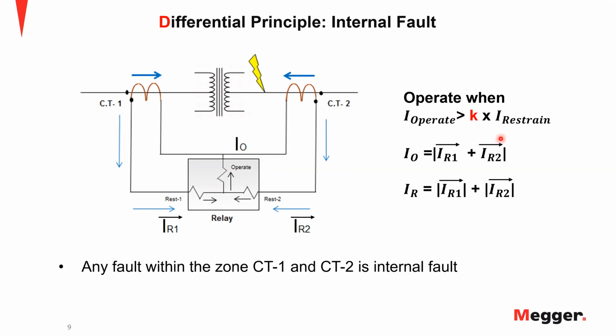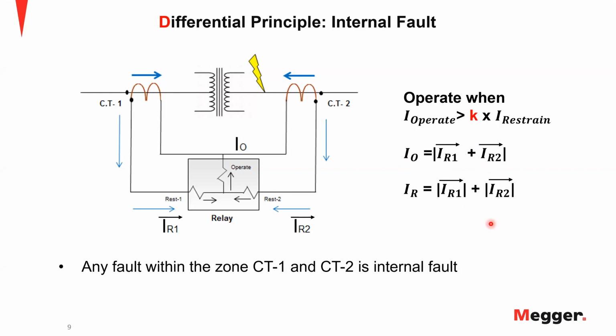These quantities are calculated based on the currents being read from the CTs on both sides by the relay. The moment the ratio of operate with respect to restraint goes beyond the factor of K, the differential relay trips. And this K factor is what is called your slope setting or slope characteristic.